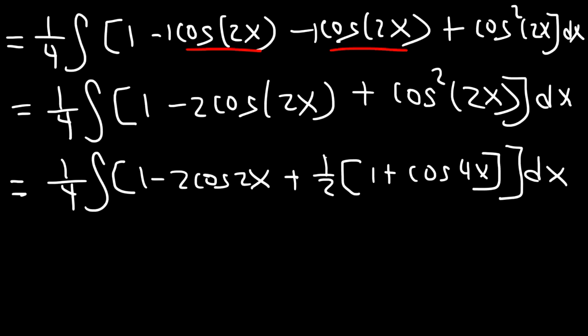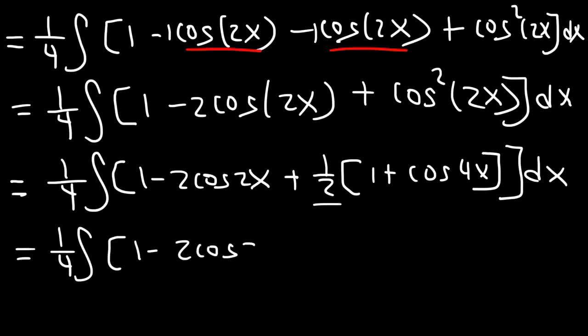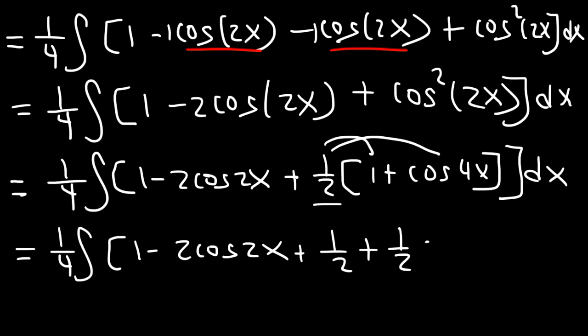Now let's distribute the 1/2, and let's combine like terms. So it's 1/2 times 1, that's just going to be 1/2, and then 1/2 times cosine, so 1/2 cosine 4x. Now before we integrate, let's combine 1 and 1/2.